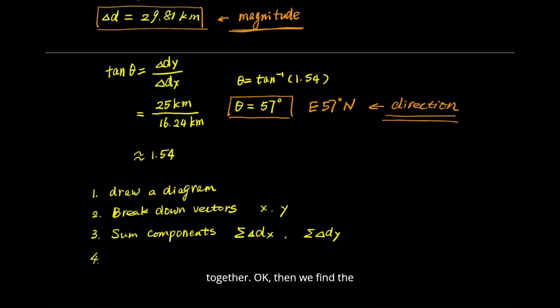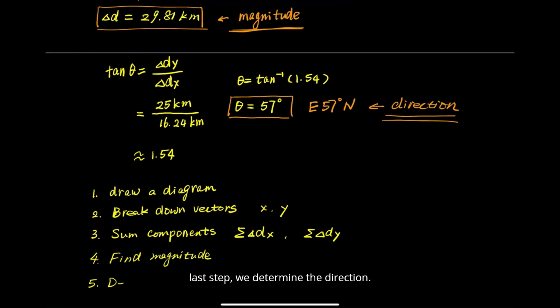Then we find the magnitude. Using the Pythagorean theorem, we combine all the total components to calculate the magnitude or the length of the final displacement vector. And in the last step, we determine the direction.